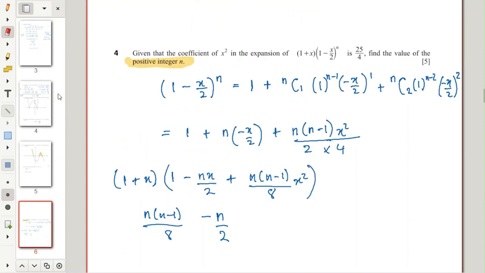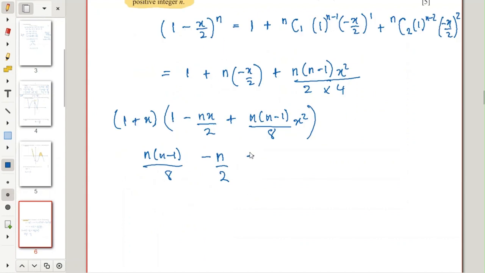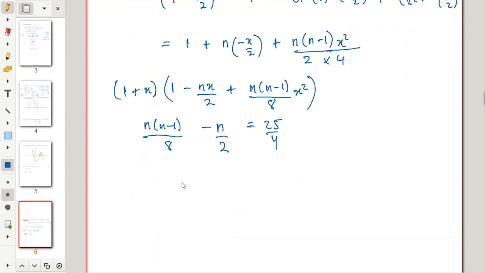But that one is equal to what? 25 on 4. I can multiply throughout by 8. If I do so, I'm going to get 4n. This times 8, cancel. 2.